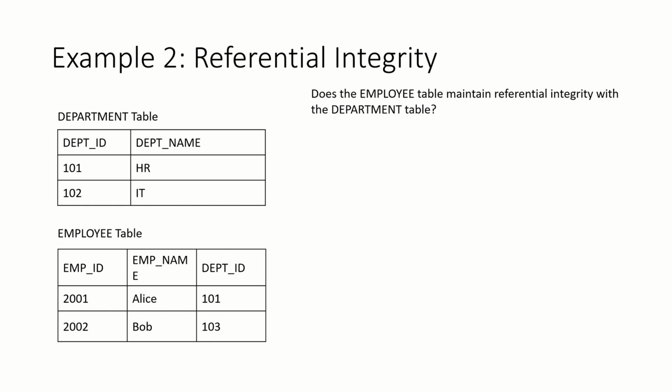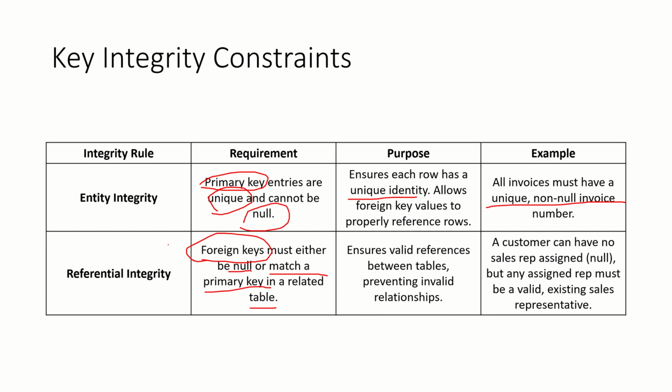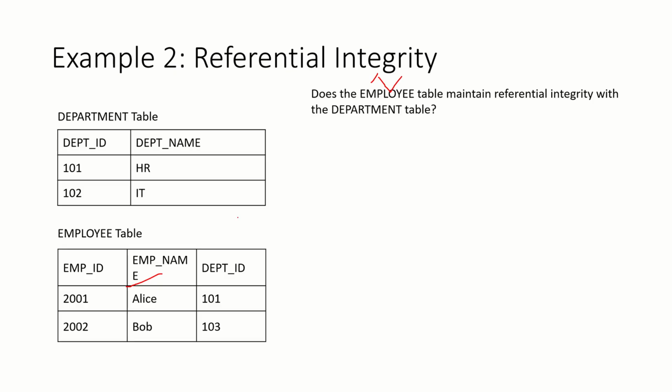All right, so the answer is no. Back to the requirements: a foreign key must be none or match a primary key in its related table. First, we consider this the primary key.